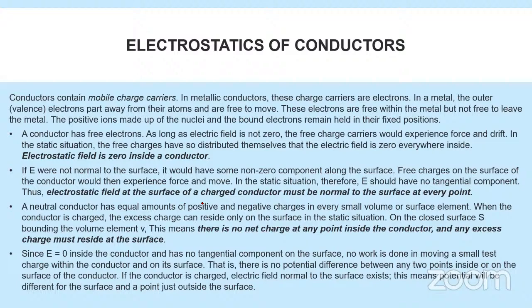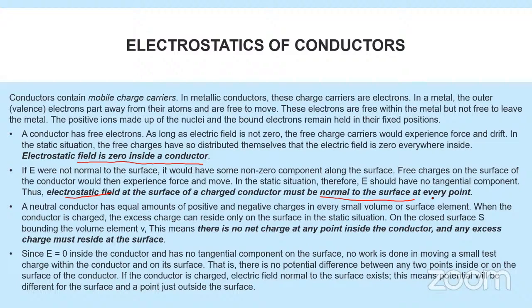But in static condition, the electric field should have no tangential component. That is why we can say that the electrostatic field at the surface of a charged conductor must be normal to the surface at every point. We had seen even before, when considering different examples, that it is normal to the surface of the conductor. So the electrostatic field is zero inside a conductor, and must be normal to the surface at every point.